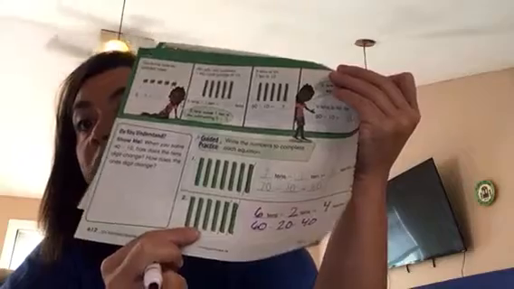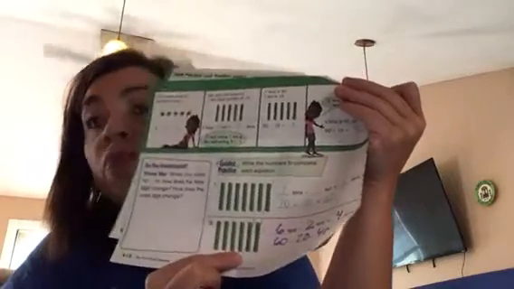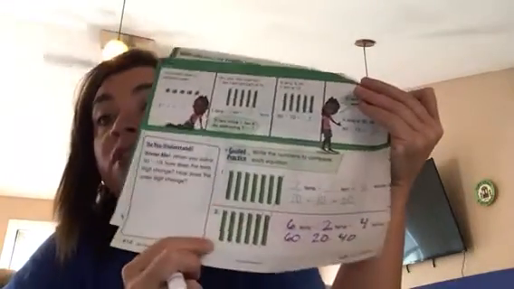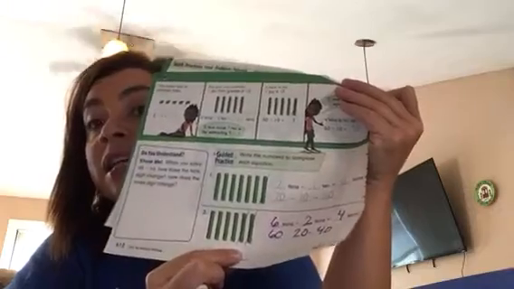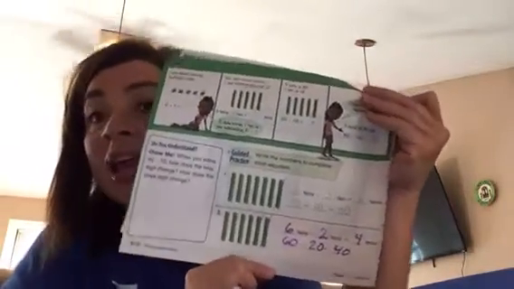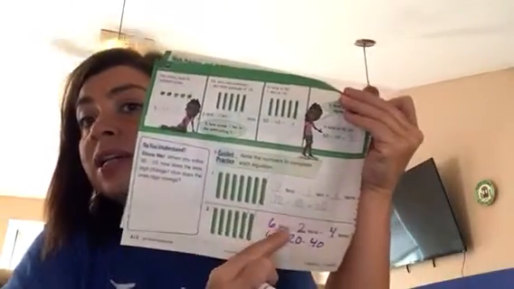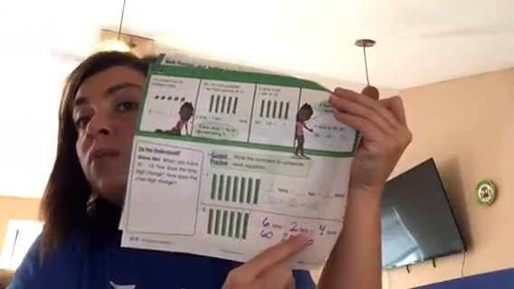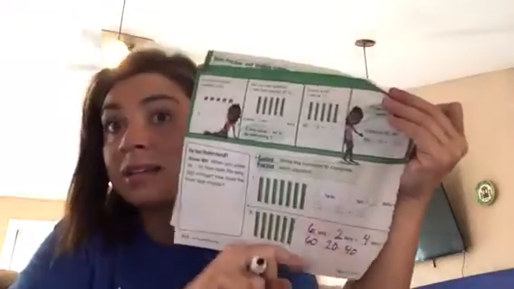That's right, 40. So you would count by tens to see what you have left. 10, 20, 30, 40. So this is 60, take away 20 equals 40, which is the same as 6 tens, take away 2 tens equals 4 tens.